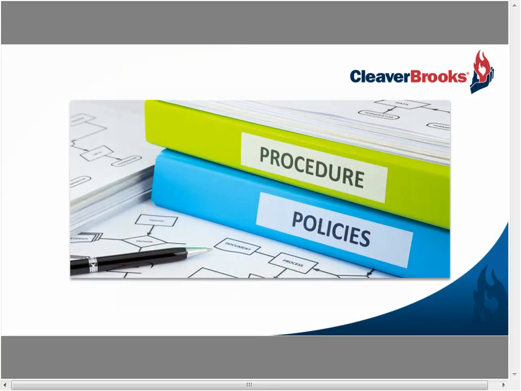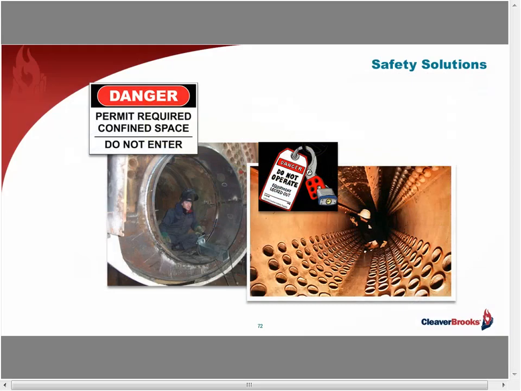Now, the other thing I wanted to mention as it relates to safety impact areas and their solutions is the definite need for having good operating policies and procedures which highlight problem areas and instruct the personnel on how to prevent them from happening. For instance, the importance of having a strict procedure anytime a person enters a boiler's furnace or drum, as you see in these two pictures.